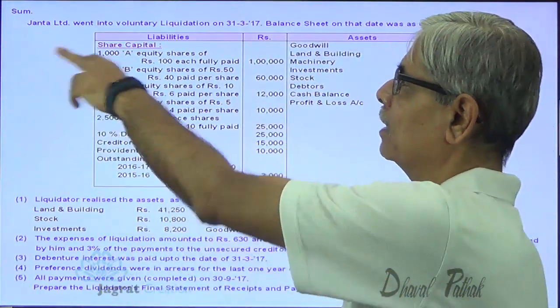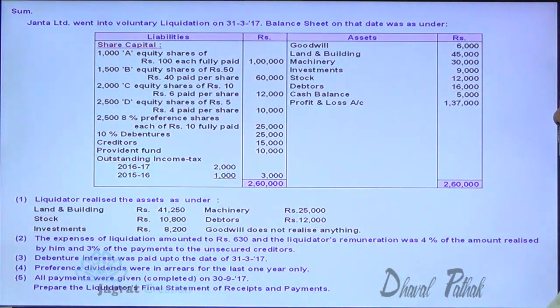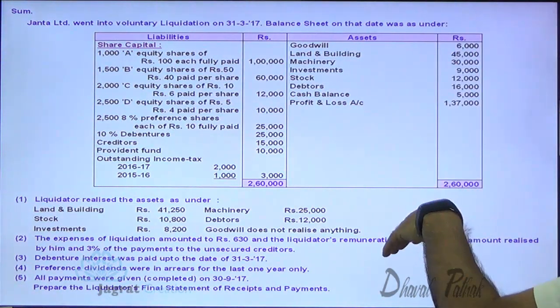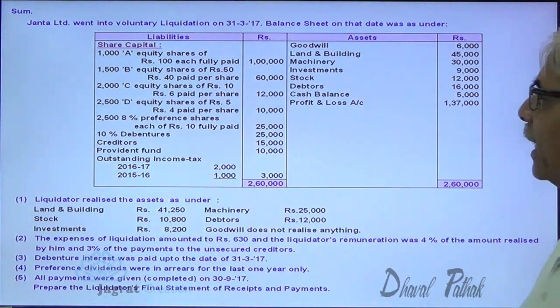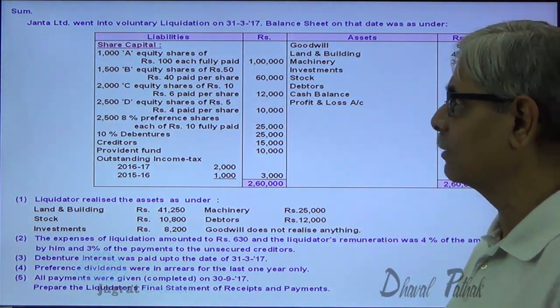I read the sum. Janta Limited went into voluntary liquidation on 31st of March 2017. Balance sheet on that date was as under. On the asset side, you are given goodwill, land and building, machinery, investment, stock, debtors, cash balance, profit and loss account for like 37,000.